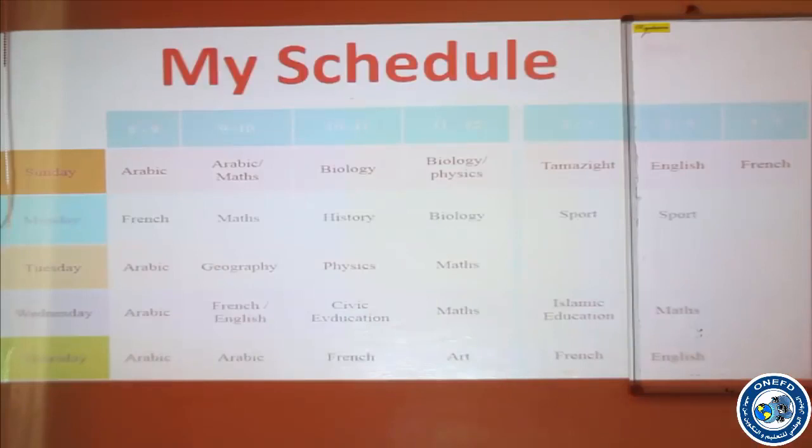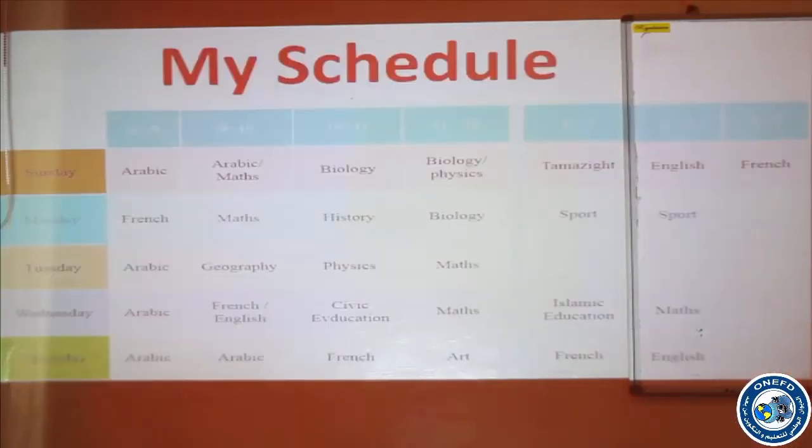Now, I will give you 2 minutes, my dear pupils. Have a look at the timetable and try to answer these 3 questions. Number 1, what do you have on Monday? It means which subjects?